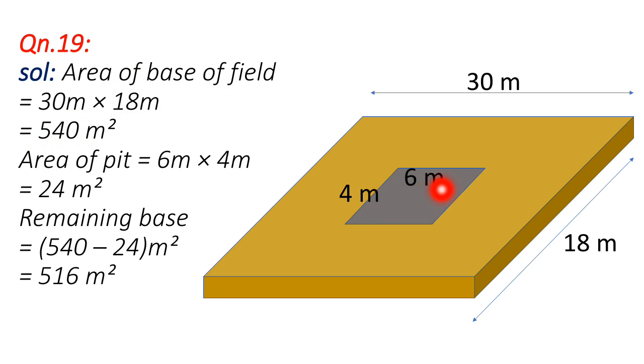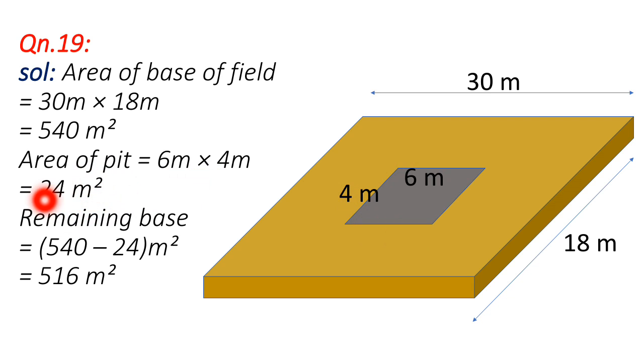Now as per the question, there is a pit dug here, and for that pit we have the length 6 meter and the breadth 4 meter. So that much area is not included in this field, so we have to subtract that part from the field. The area of the pit is 6 into 4, which is 24 meter square.